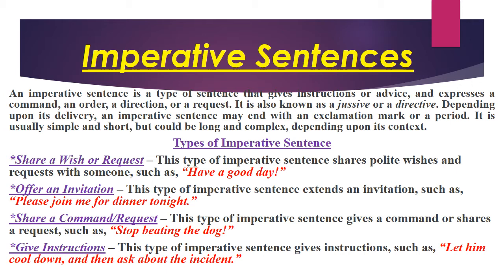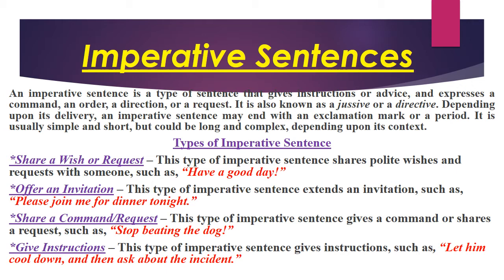Next one, share a command or request. This type of imperative sentence gives a command or shares a request, such as stop beating the dog. So again, as I told you, based on the tone of the speaker, it varies. It can be a command and it can be a request too.